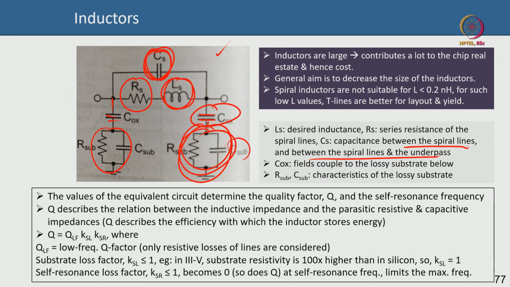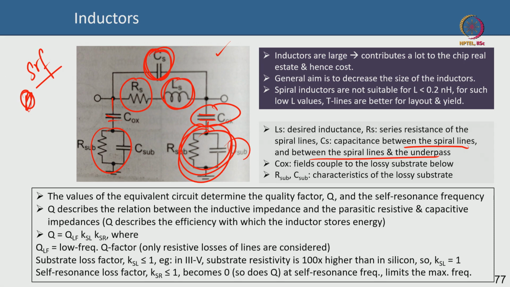And the interesting thing here is that with a larger inductor footprint or area, of course you get a higher inductance value, that is very obvious, but you tend to also sacrifice your self resonance frequency. The maximum frequency at which you are going to operate will also take a hit, or it will reduce, when you go for larger and larger area inductors in order to get larger and larger inductance values.